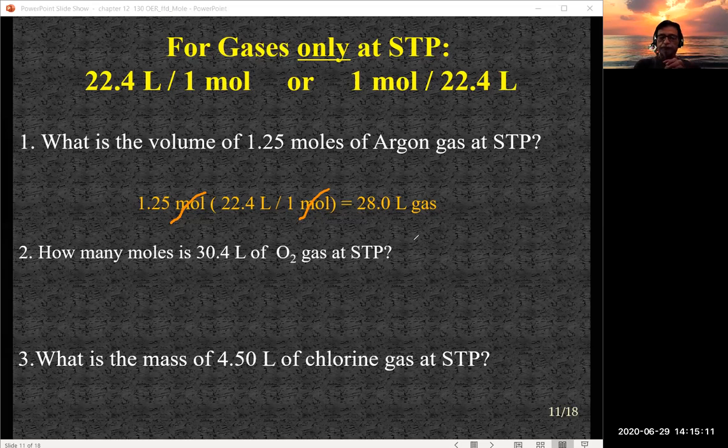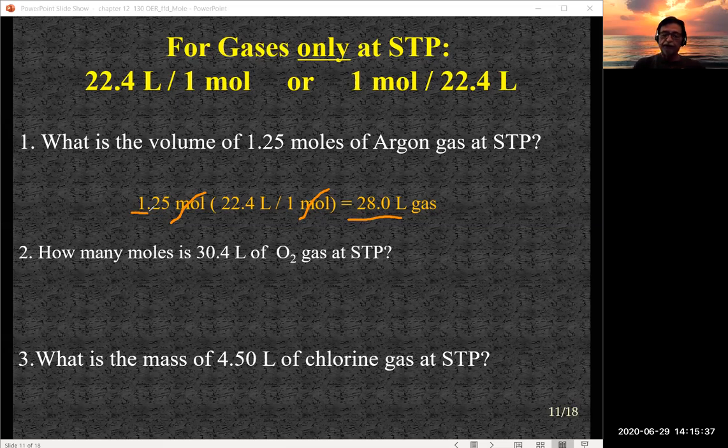Okay, 28 liters. Now, here's something to check when you look at the problem. What if you inadvertently reversed it and you had moles on top and 22.4 liters on the bottom when you did the math? Well, you're going to have a very small volume. But that's not consistent with the fact that you're given over 1 mole of gas.